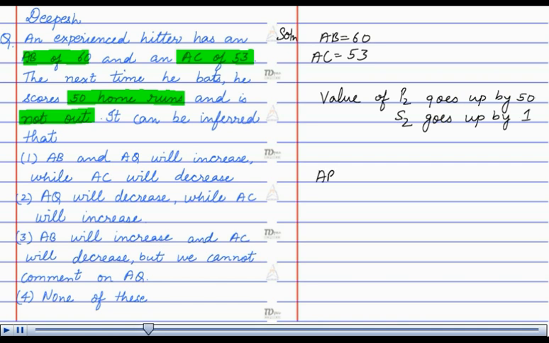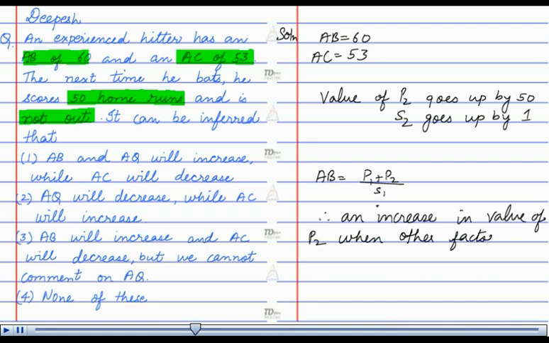AB is given by P1 plus P2 upon S1. Therefore, an increase in the value of P2 when other factors are constant will lead to an increase in the value of AB.